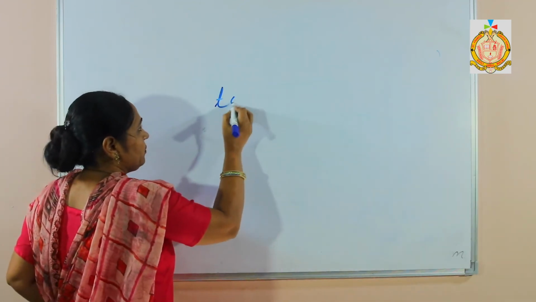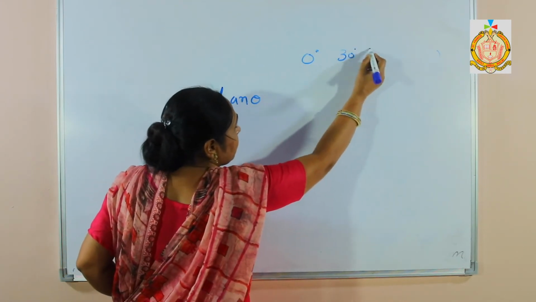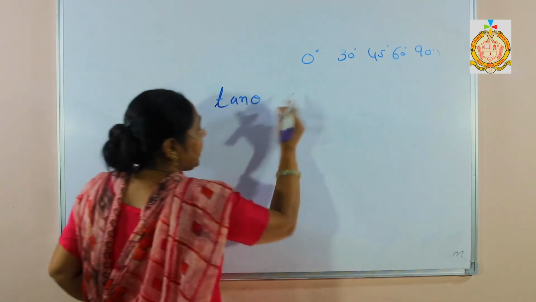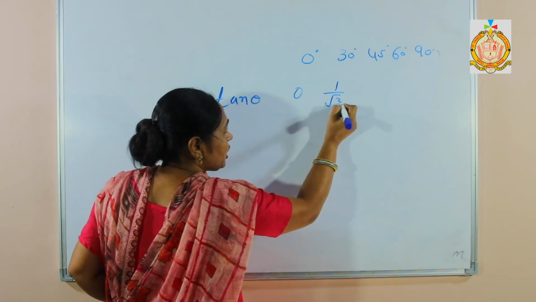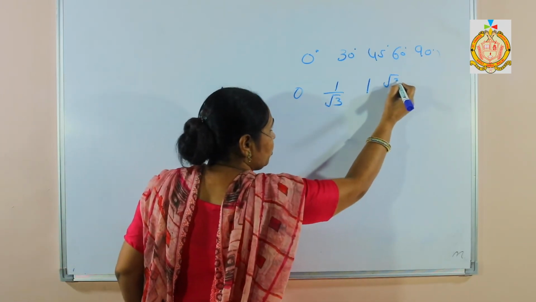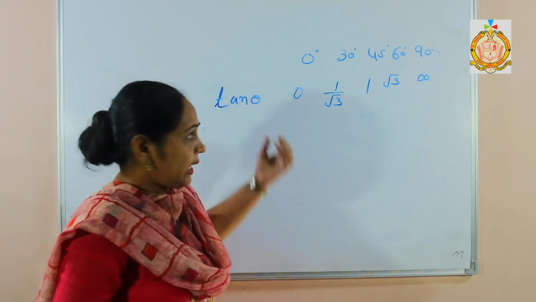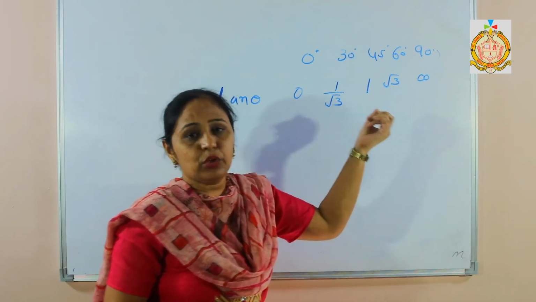Now tan theta for 0 degrees, 30 degrees, 45 degrees, 60 degrees, then 90 degrees. Tan 0 is 0, tan 30 is 1 upon square root 3, tan 45 is 1, tan 60 is root 3, and tan 90 is infinite, that means not defined. For tan 90 degrees we can't find any value. This table you have to learn and then we can put the values.